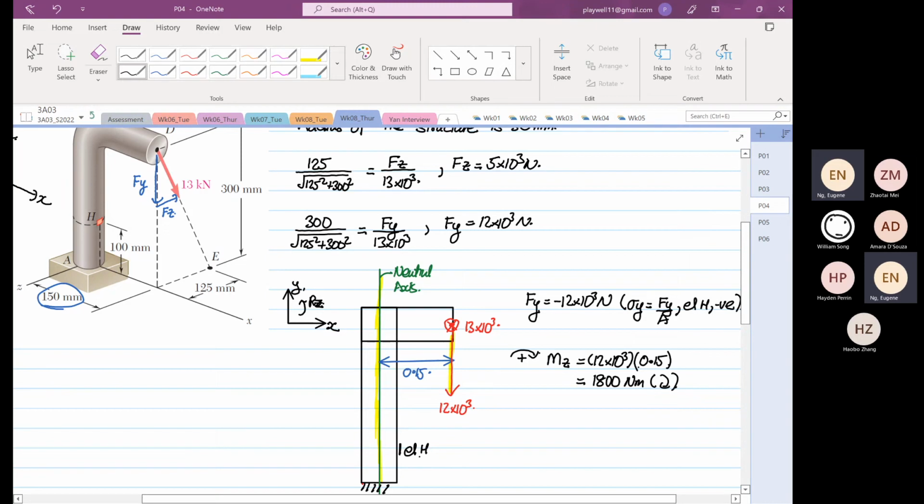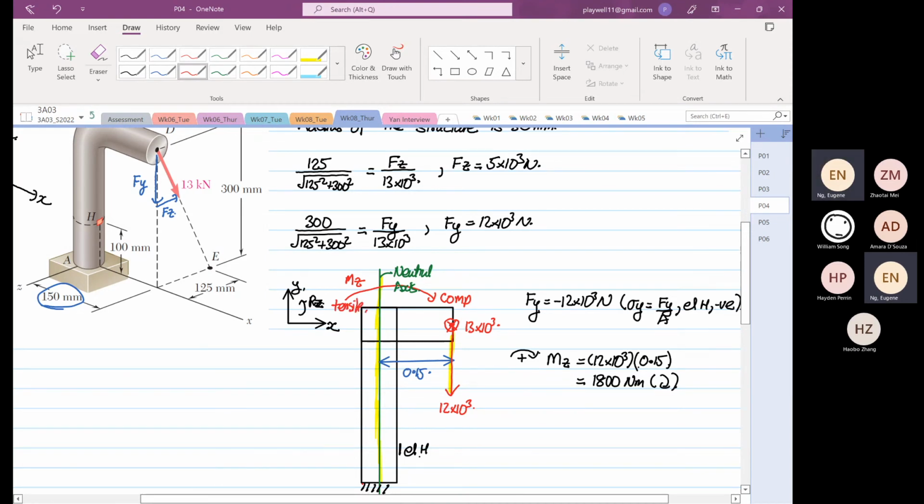So now you can sketch your moment vector. I'm going to sketch our moment vector. This is our Mz. Head of the moment vector is compression. Tail end is tensile.